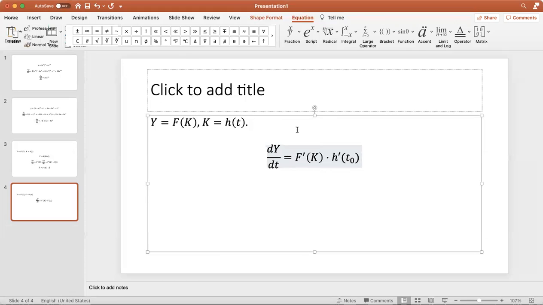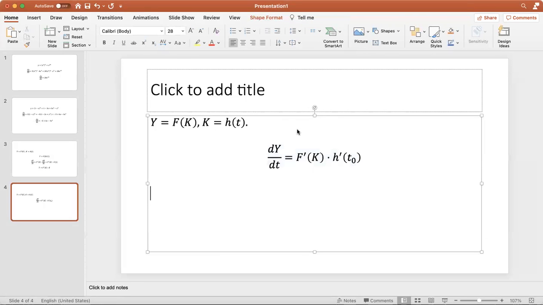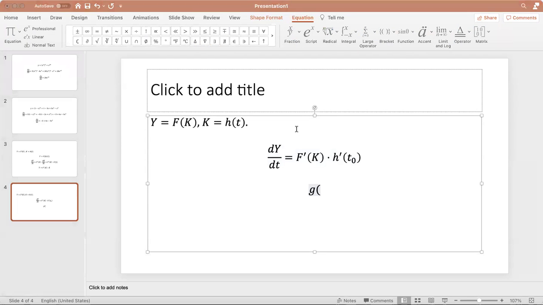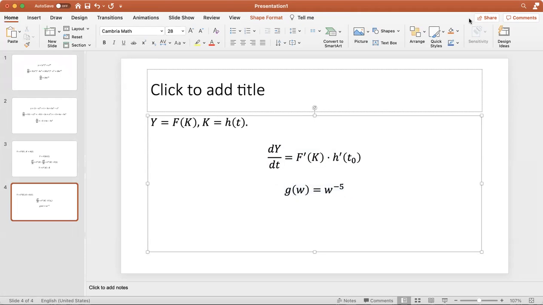Now for number 4, you're asked to differentiate this function g of w, where w is raised to the negative fifth power. To take the derivative of this, we can just use the power rule.